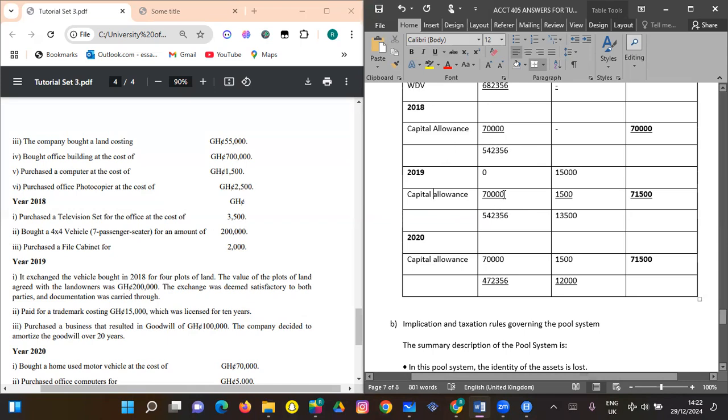Now we are still getting 70,000 here. And then we are getting a written down value of 542,356 minus 70,000, so 472,356.